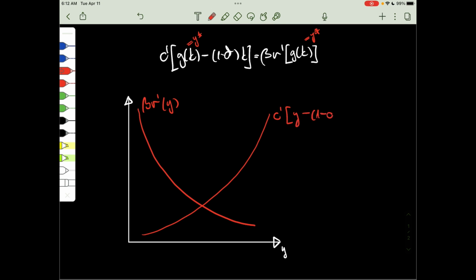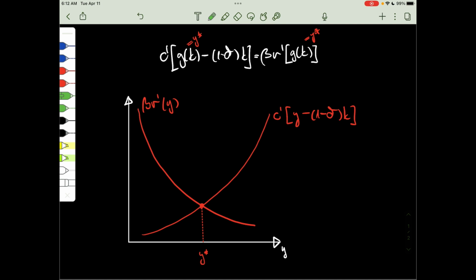And you can see that given that one of the functions is increasing, the other is decreasing, there is a unique optimum choice.